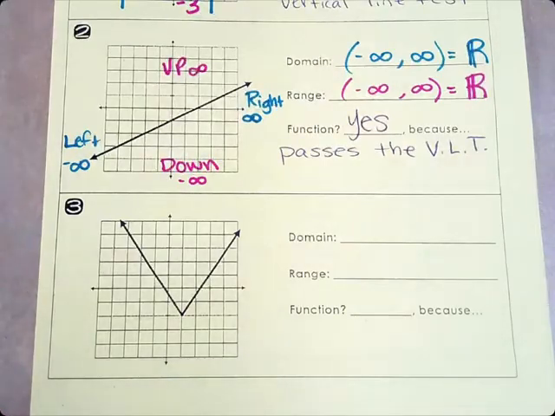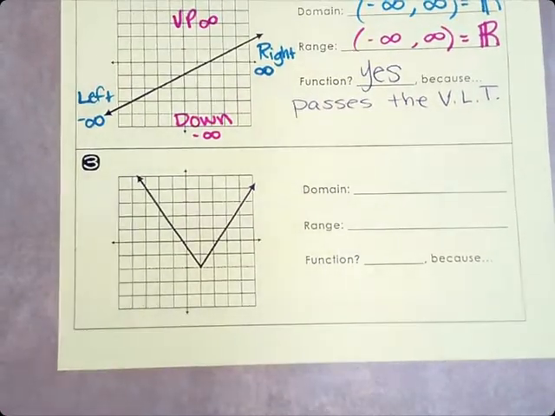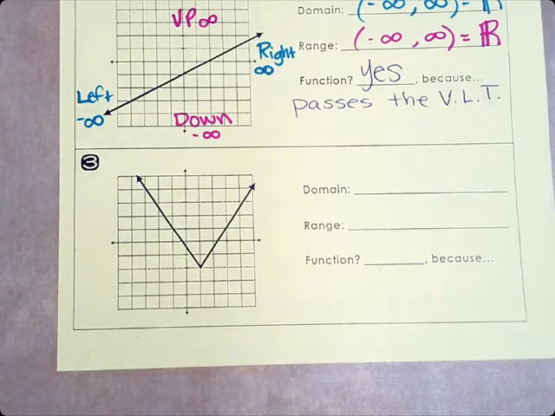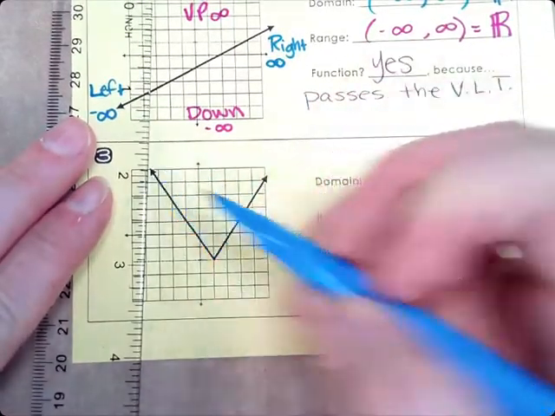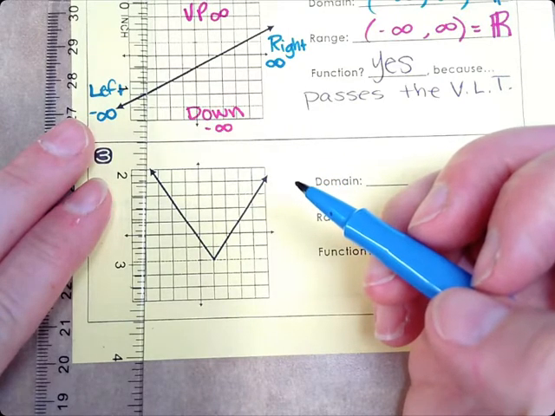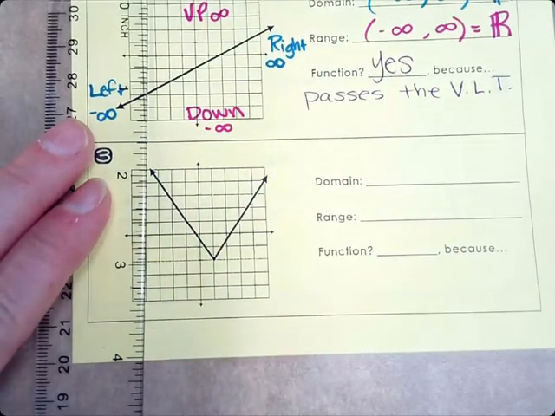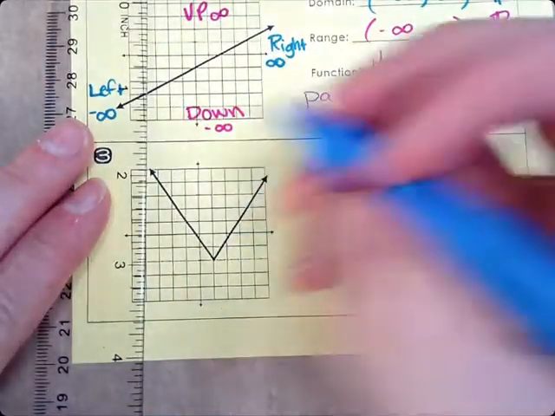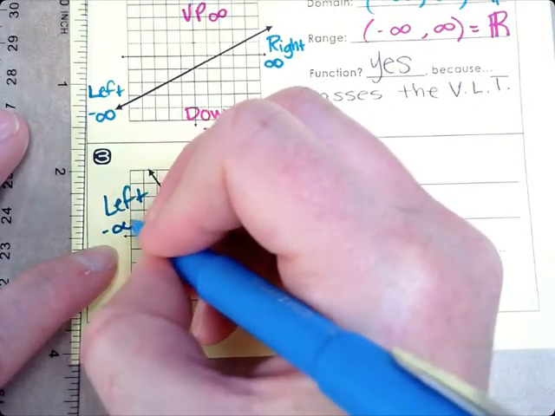I'm going to go back to my color that I'm using for domain. Okay, let's look at left and right. I see how far left it'll go. This arrow means it's going to continue to go on and on, so I cannot put a fence on my left side of the graph. Left, it's going to go to negative infinity.